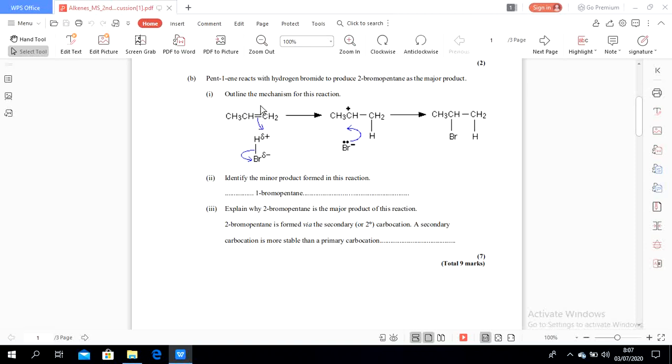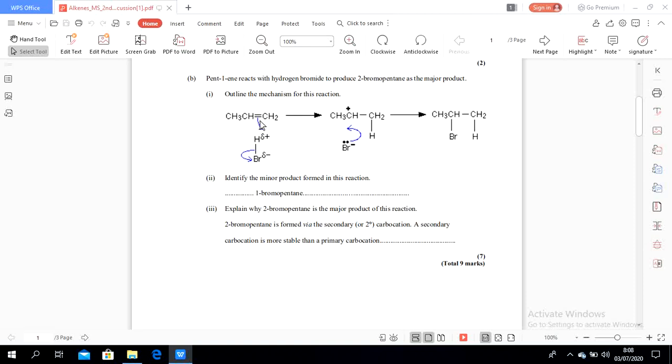There are two sides, one on the right hand side and the other on the left hand side. The carbon on the left hand side has only one hydrogen atom, while on the right hand side there are 2 hydrogen atoms.